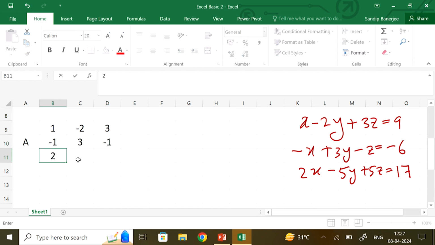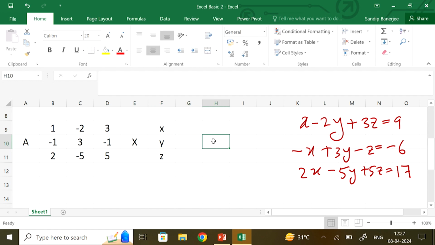This is 2, minus 5 and 5. My capital X is X, Y and Z, and my capital B is 9, minus 6 and 17.